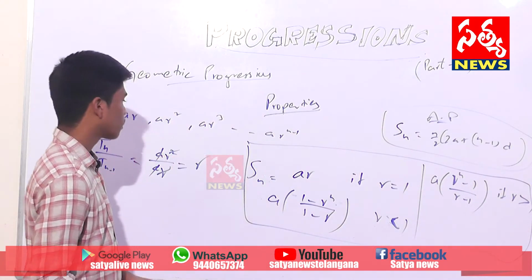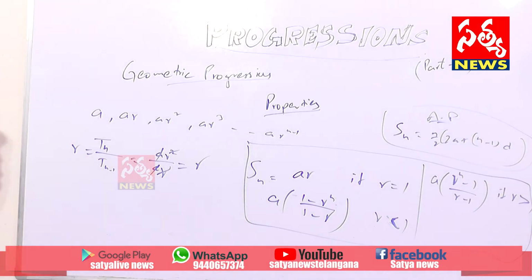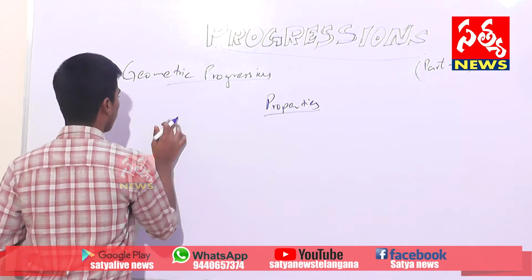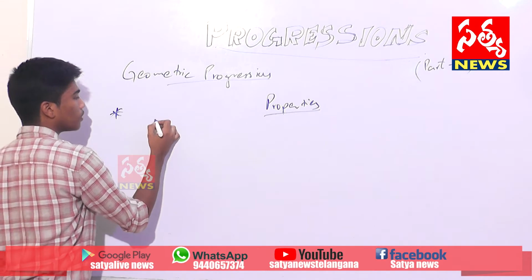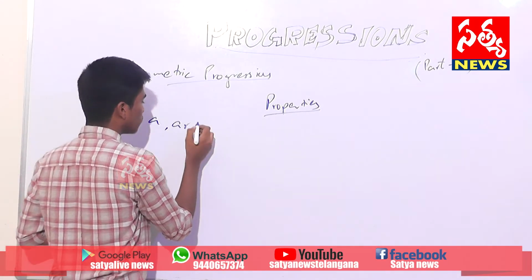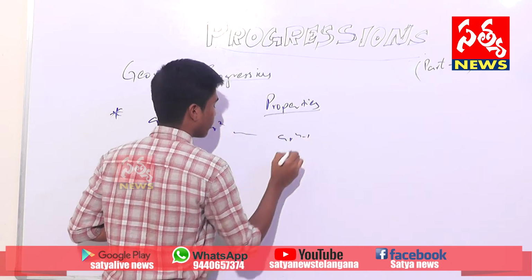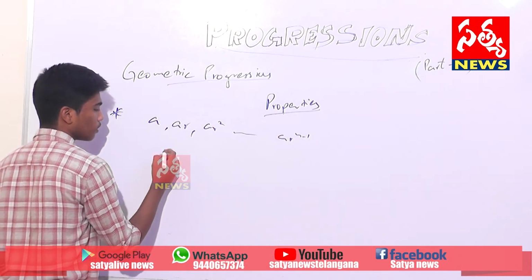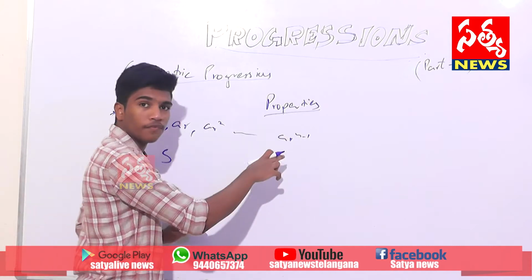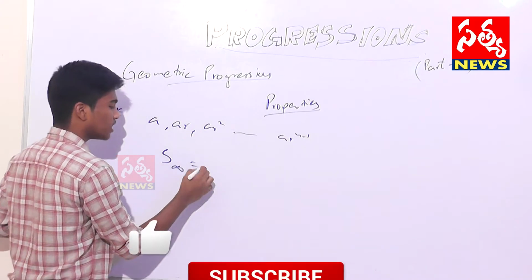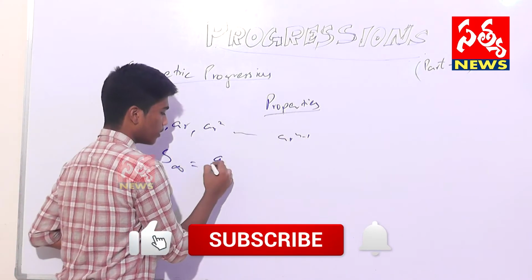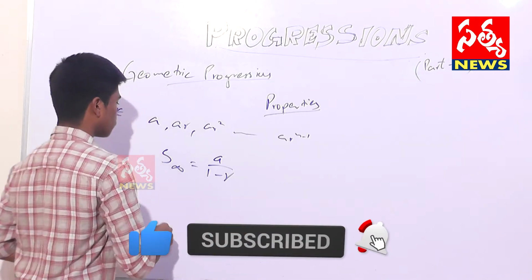Okay. Let's solve some problems now. For solving problems, an important formula: a, ar, ar square, and so on, ar power n minus 1. If n tends to infinity, that means S infinity is equal to a by 1 minus r.